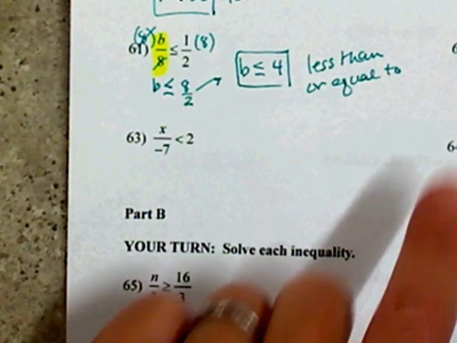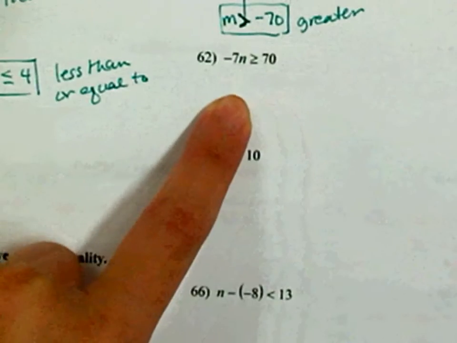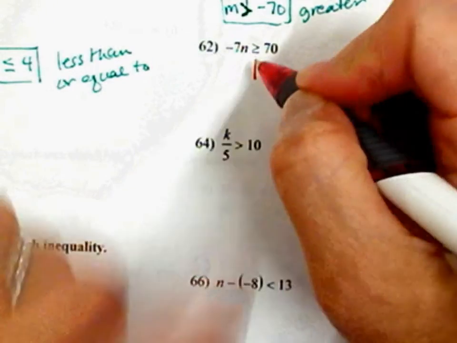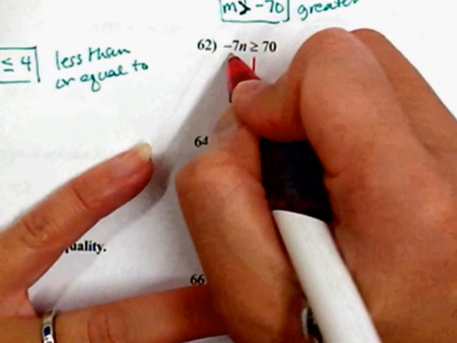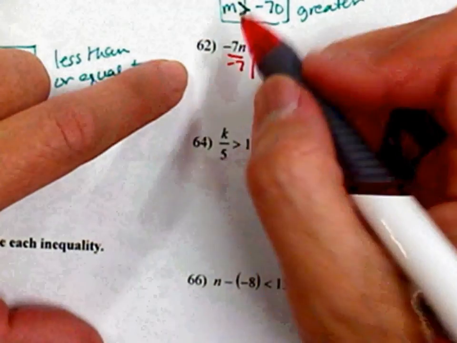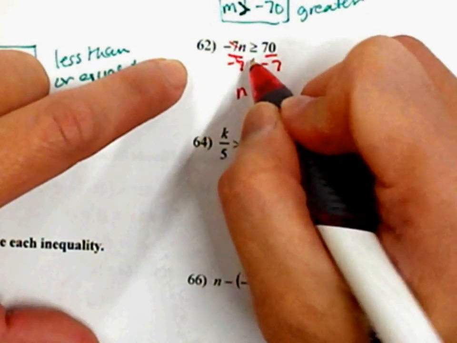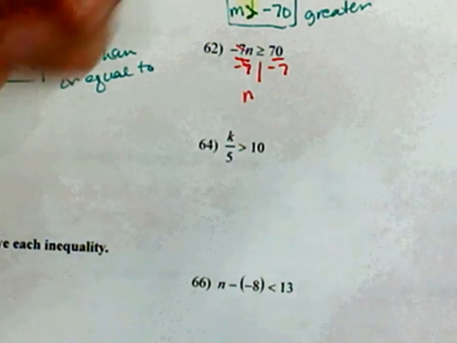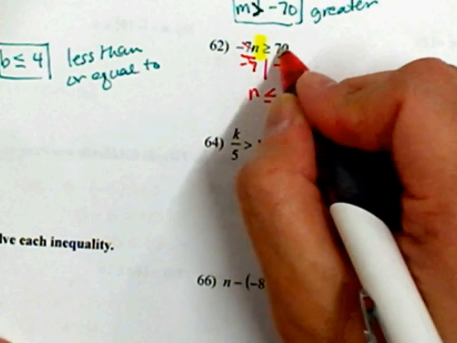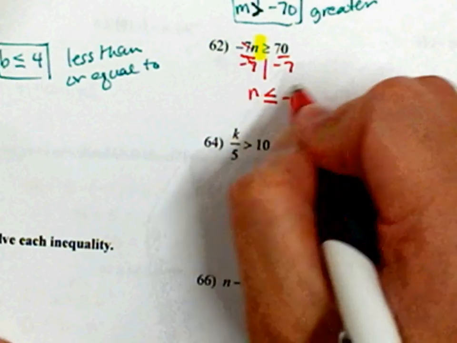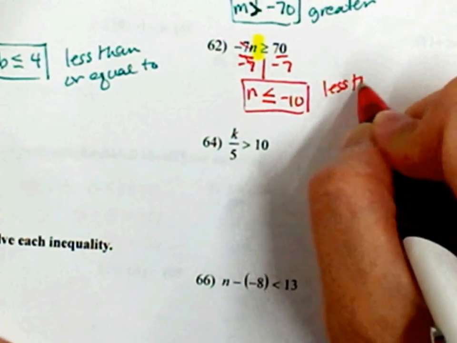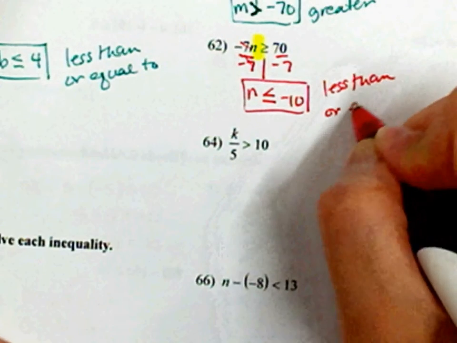Okay, number 62. Notice this is negative 7 times n, so I need to divide by negative 7. Since you are dividing by a negative, guess what happens to this inequality sign? It flips. 70 divided by negative 7 is negative 10. And that n is less than or equal to.